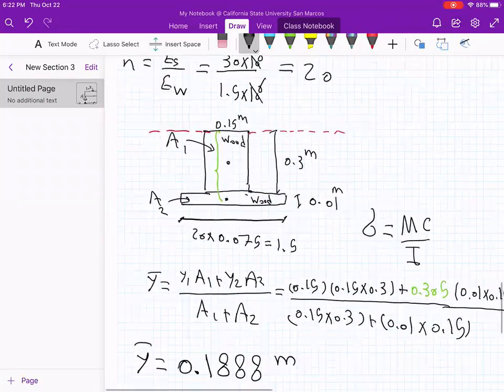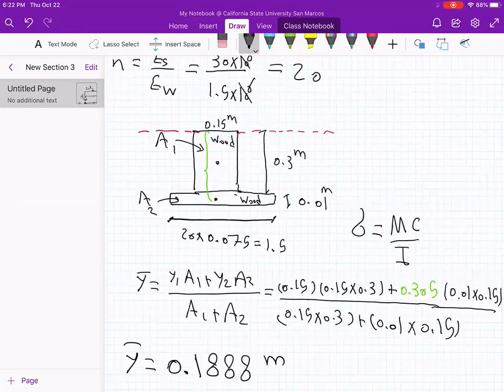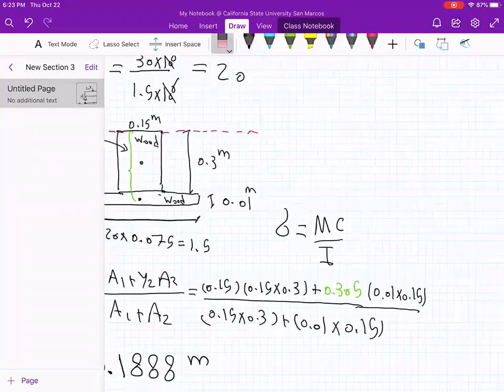The base for A2, isn't it 1.5? You wrote 0.015 times 0.01. Yes, thank you. The problem is these numbers are very similar to each other. Thank you for your correction. My note is okay, but I'm looking at the figure, and these numbers are very similar.